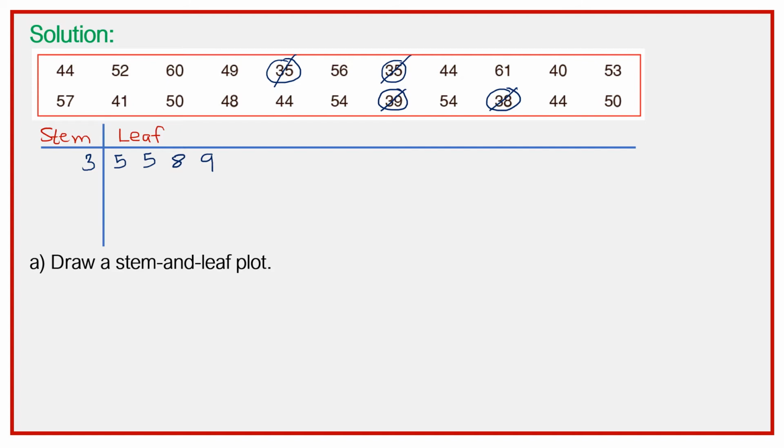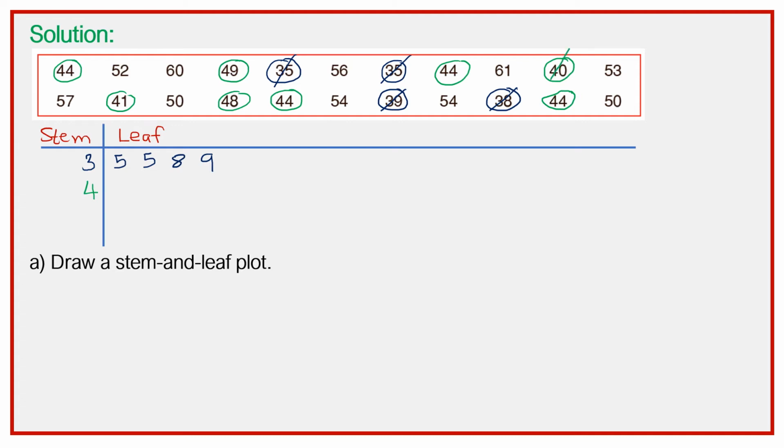So we have got 40, we have 44, 44, 44, we have 48, we have 49, we have 41, and we have 44. Okay? Now we write a 4. The first one is 40.